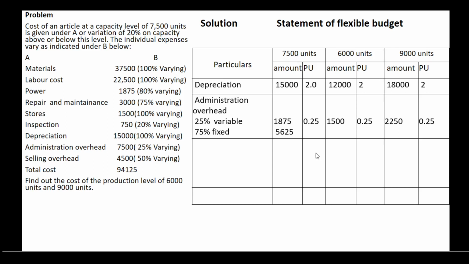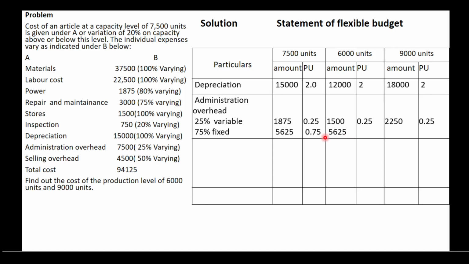Then the cost per unit are 0.75. So in the fixed, the amount are constant in all levels, but the cost per unit are changed. So now the amount are 5,625. Here there is no change in the amount, only the cost per unit keeps changing.